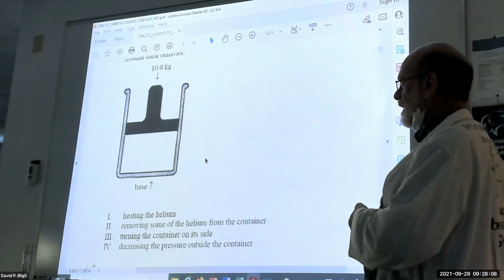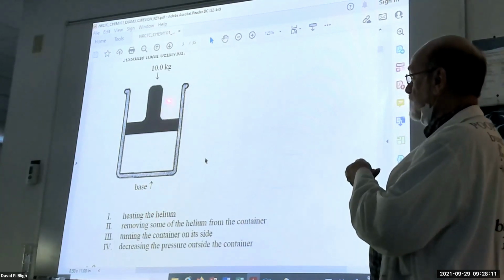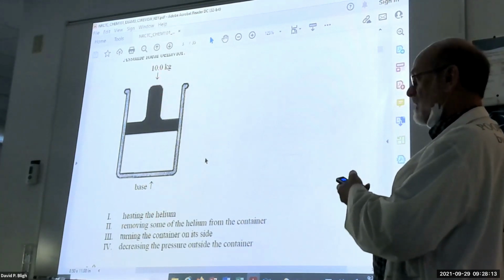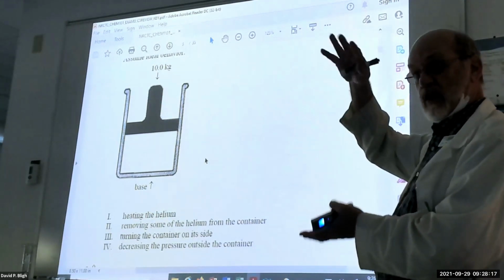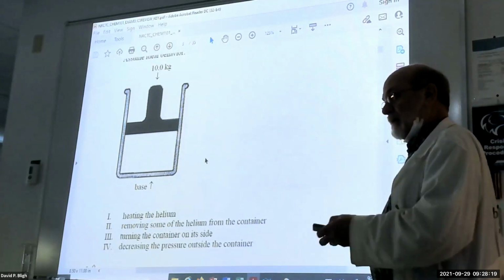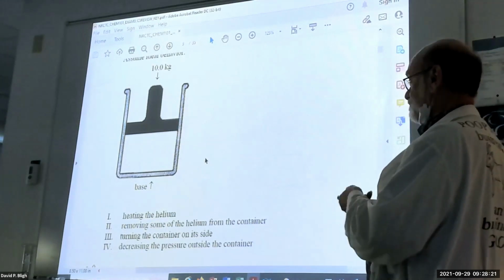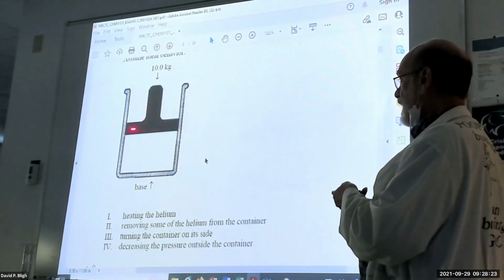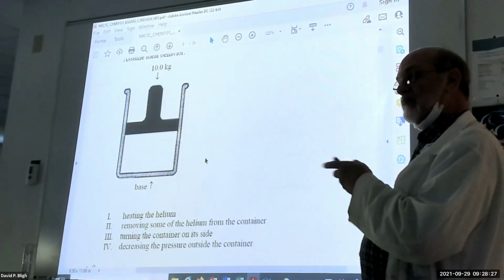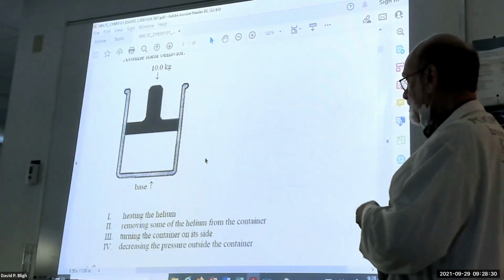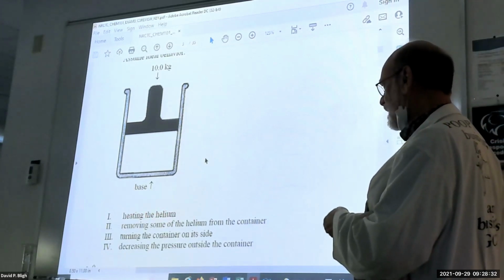I don't think so. This pressure is constant. We've got this 10 kilograms in the Earth's gravitational field applying a constant force. So that pressure is constant. It will not change. The volume increases, but the pressure doesn't change. So one can't be it.